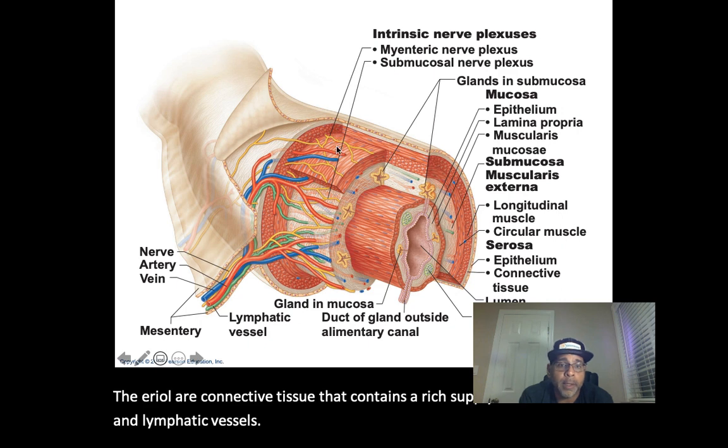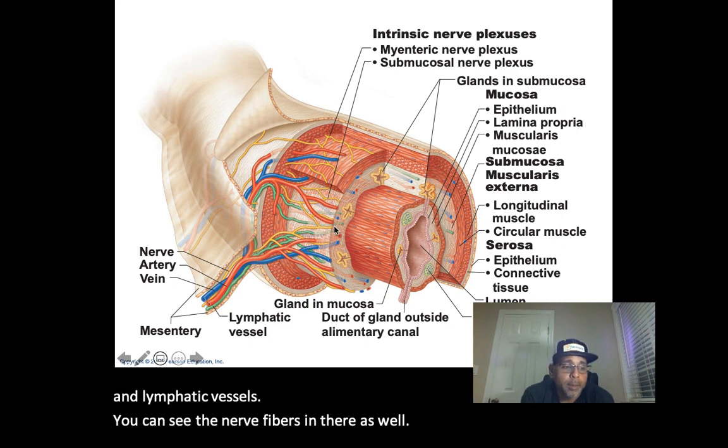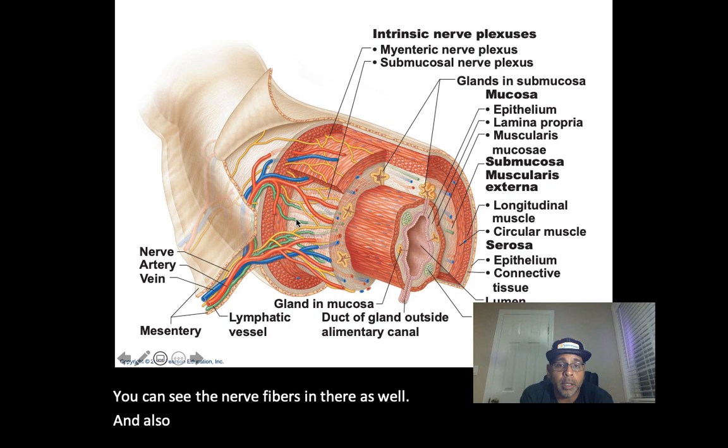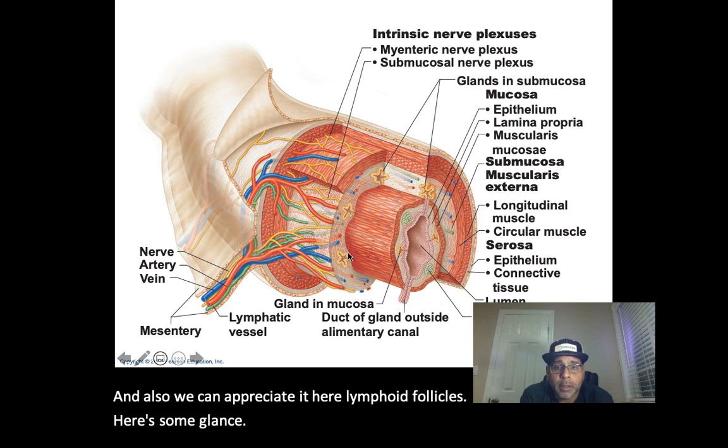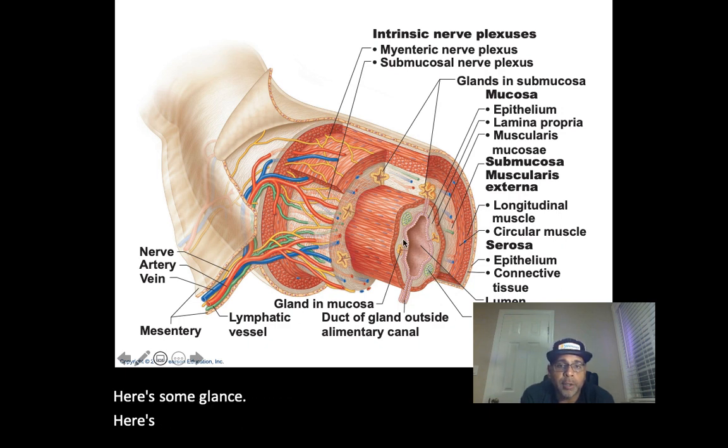You can see the nerve fibers in there as well, and also lymphoid follicles. Here's some glands. Here's some lymphoid tissue. The follicles would look similar to those organs, but in this deeper layer.